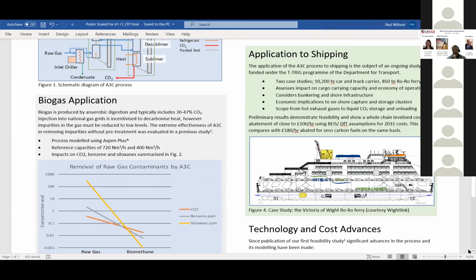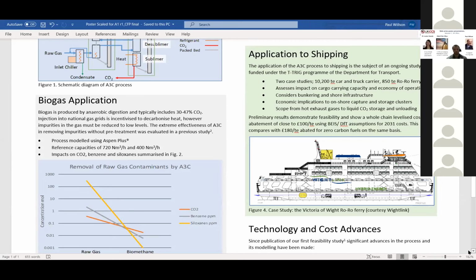The overall cost is around £100 a tonne, using consistent assumptions with the comparison for the zero carbon fuels for 2031, which would be £180 a tonne. So this is a significant thing in terms of the result. And we have actually already, despite not having published this, generated quite a lot of interest in the application.